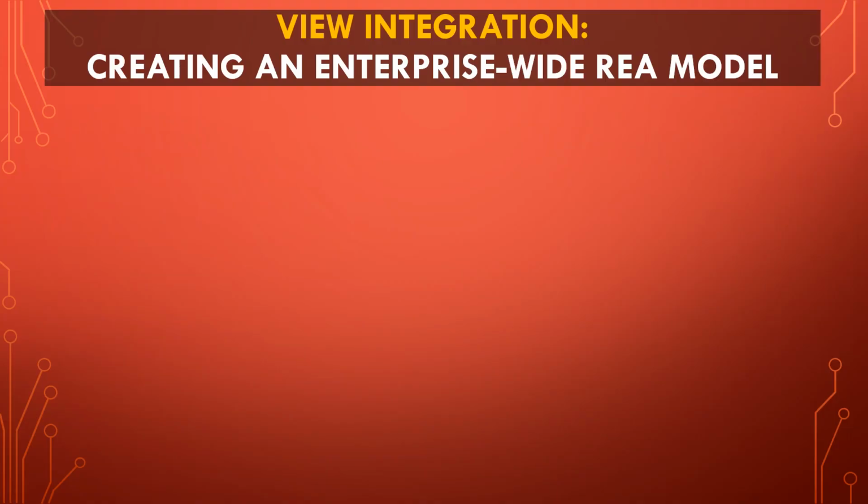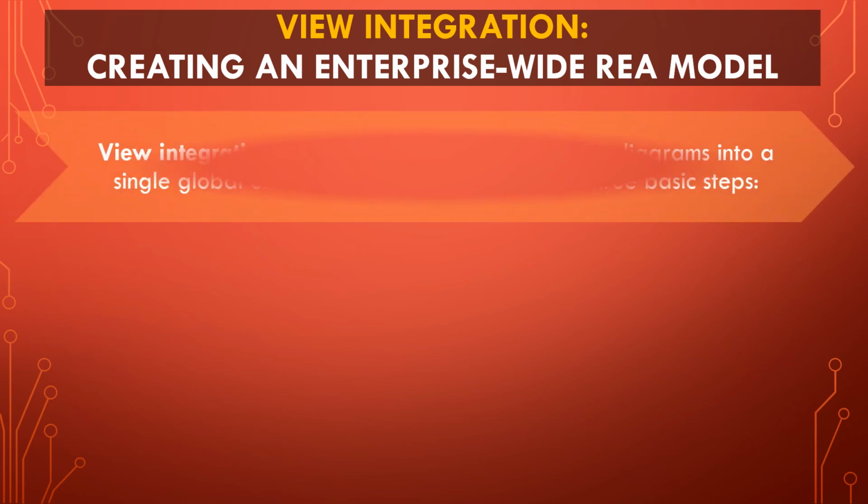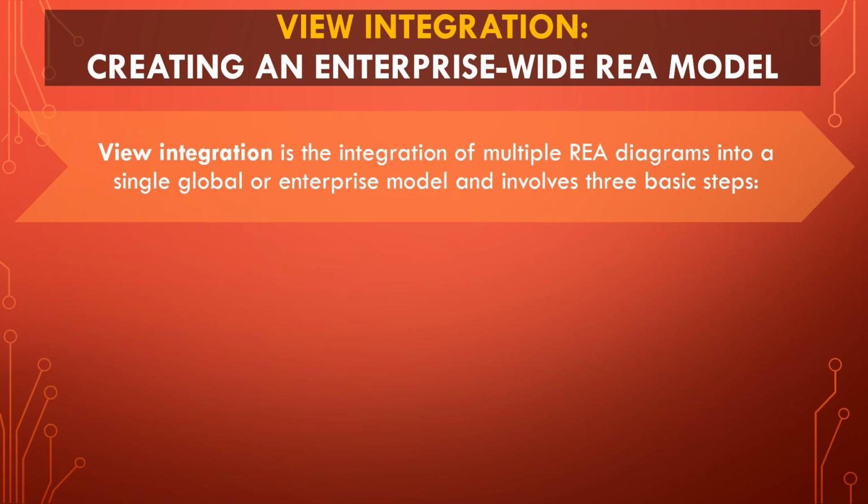After we have discussed creating an individual REA model of the database, let's go through creating an enterprise-wide REA model, meaning the integration of multiple REA diagrams into a single global or enterprise model. It involves three steps.